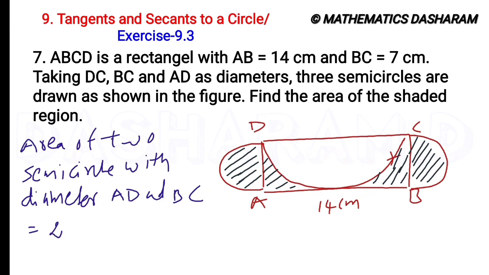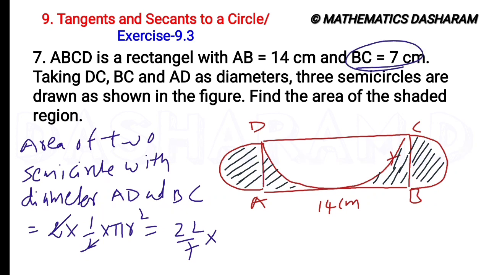So 2 into the area of a semicircle, formula 1 by 2 into pi r square. Here BC is 7 centimeter, and AD is also 7. So the diameter equals 7.